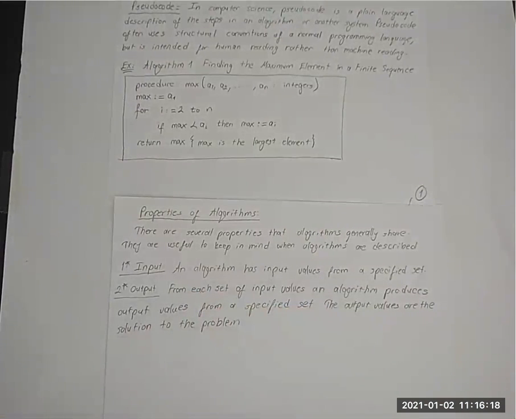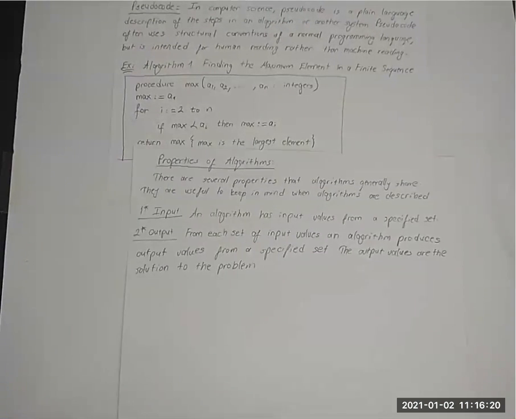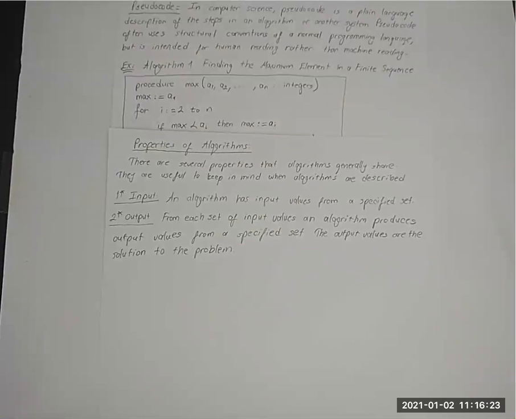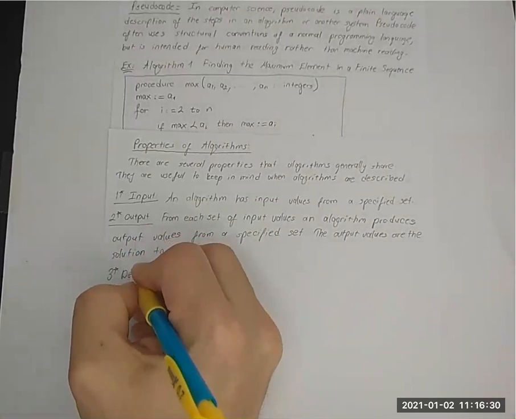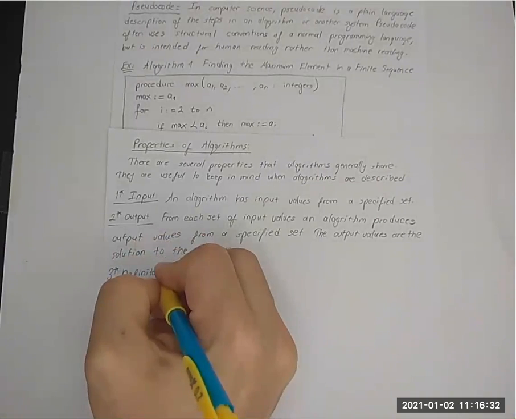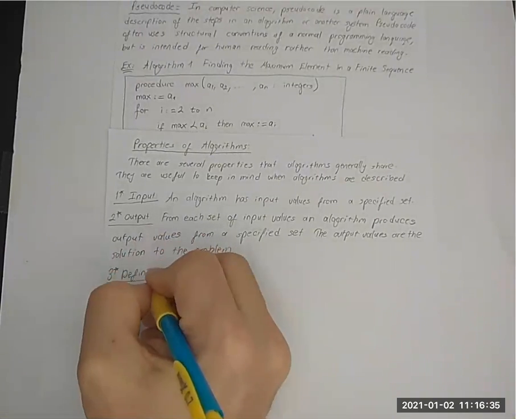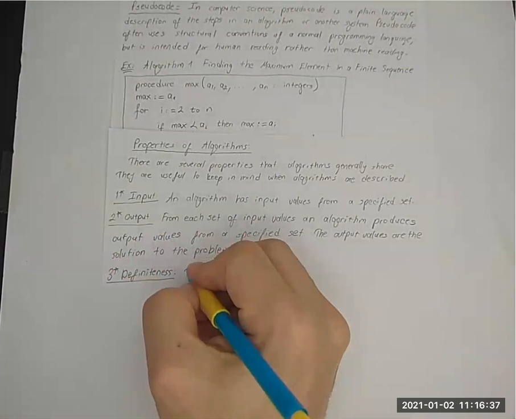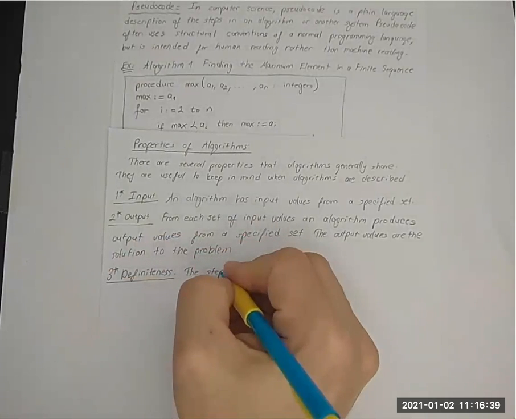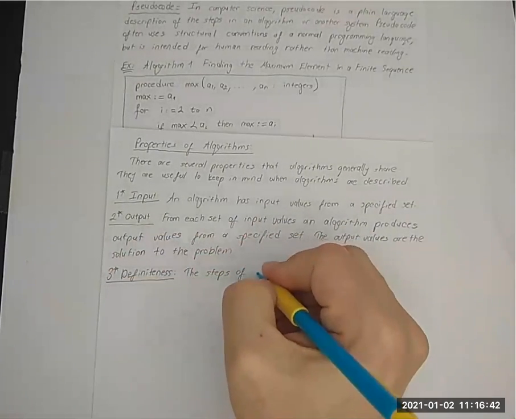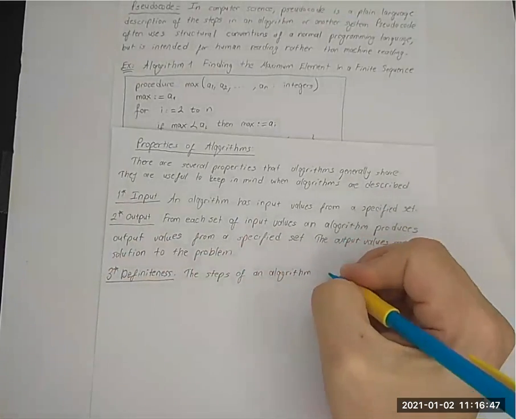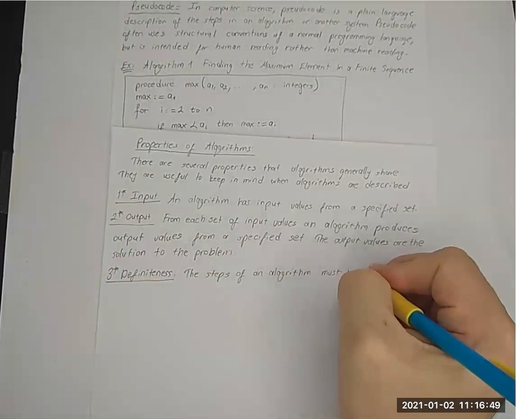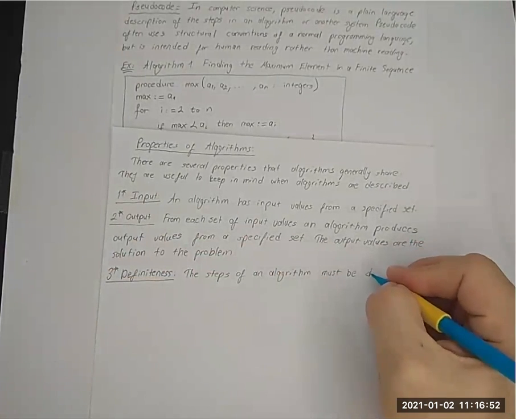So we have output, and what else? Definiteness: the steps of an algorithm must be defined precisely.